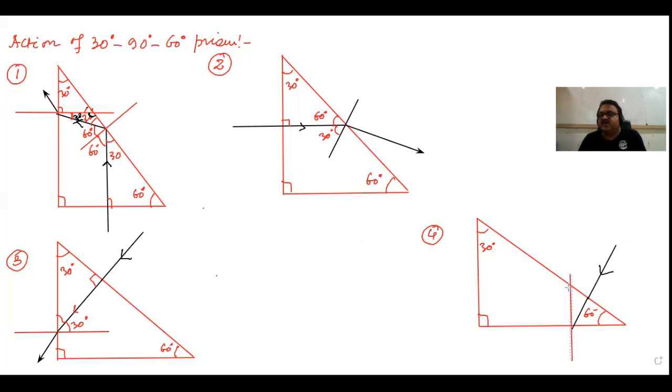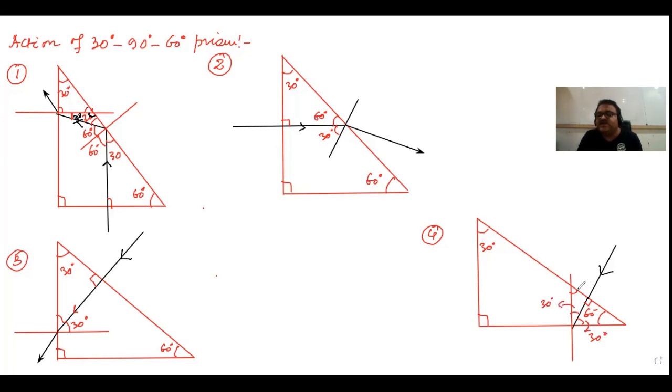First, complete the normal drawing process. Now this is 60. This is 90. So this is 30. This is 90, this is 60, so this is 30. If it is 30 degree, in this case this angle is 60 degree.